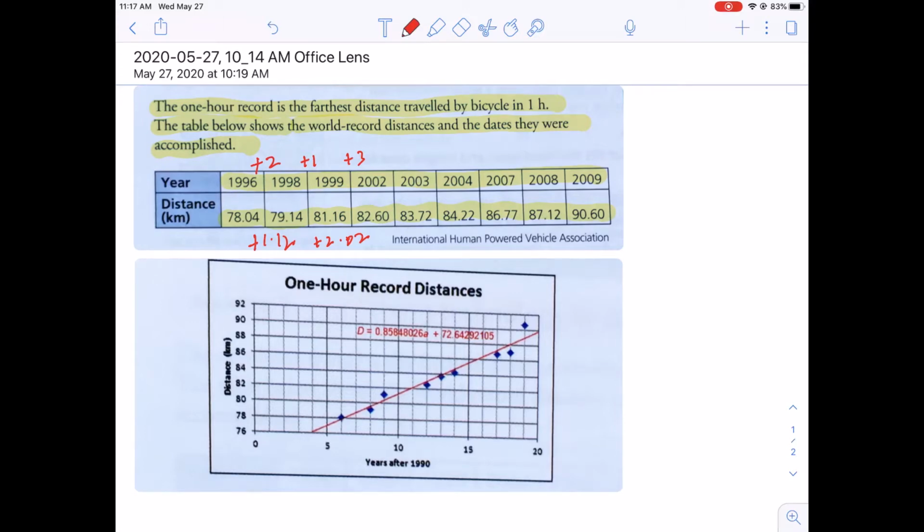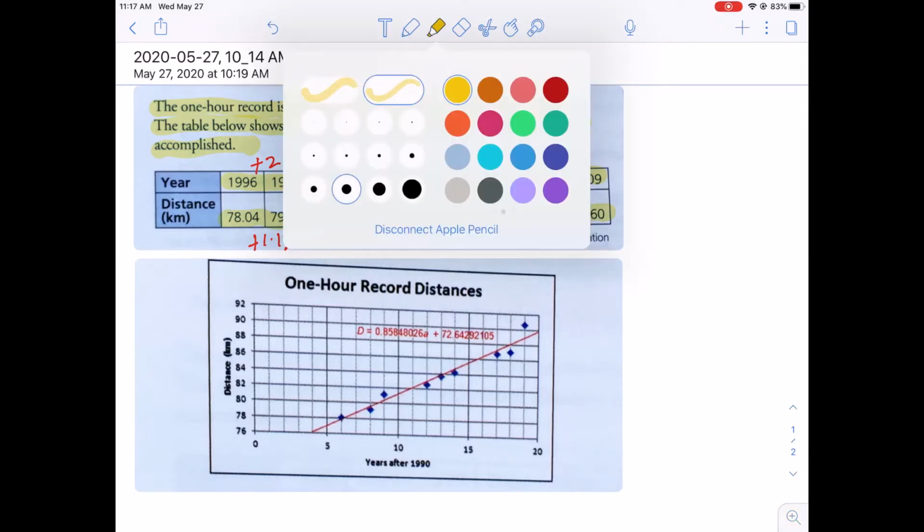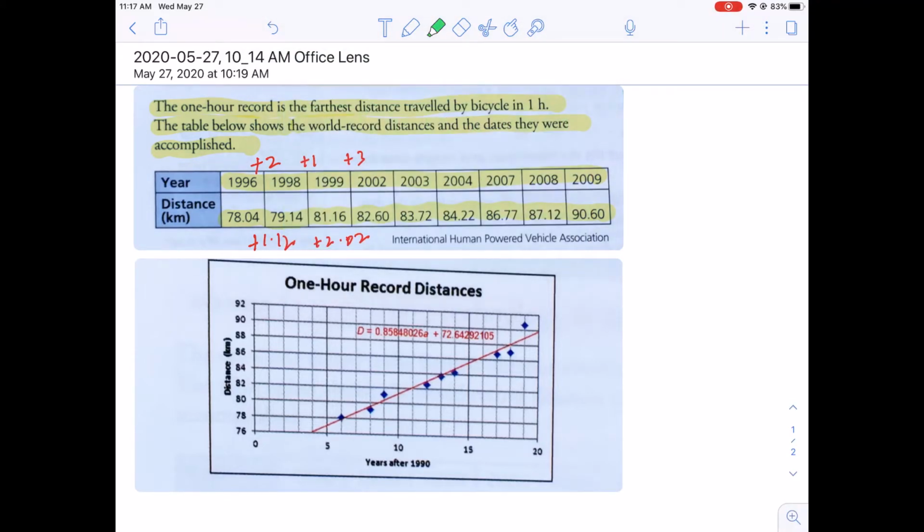For linear, it's really important that there should be a constant change on both sides. If there is a change of plus 2, plus 1, it's not constant, it's different. Constant will be when there is a change of plus 2, and the change of plus 2 is throughout. But the constant change needs to be on the distance traveled as well.